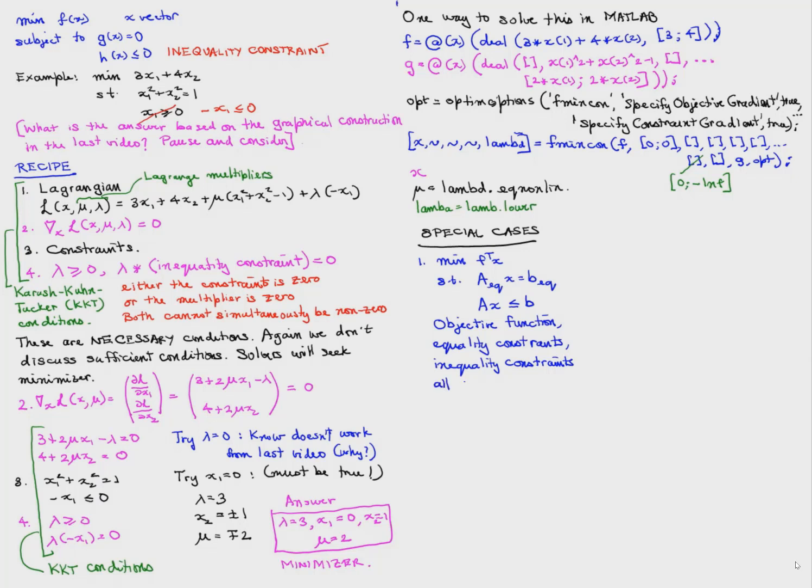Here we see that the objective function and both the constraints are all linear in x. This kind of special case is called a linear program, and MATLAB has a solver called linprog to solve this kind of constrained minimization problem.